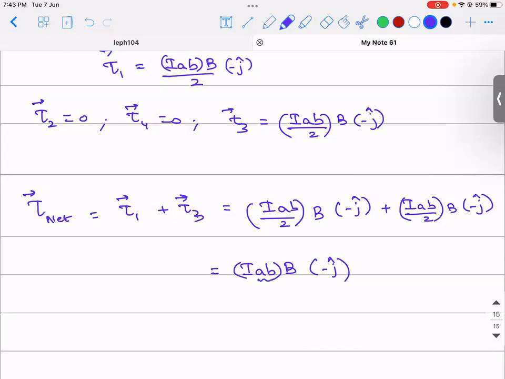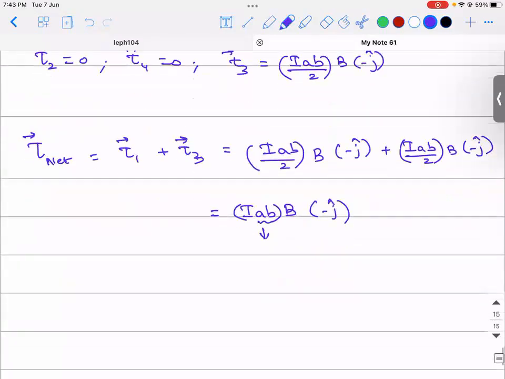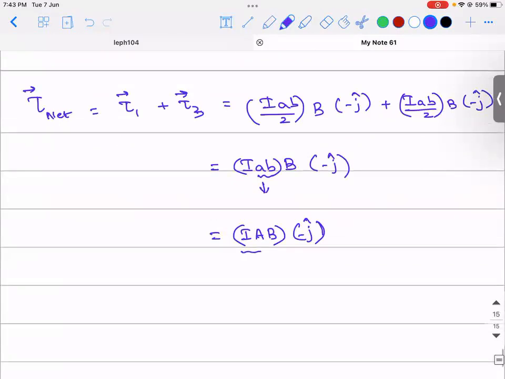Now what can I call this AB as? AB is going to be the area. So I'll have this as IAB in terms of minus J cap. Okay, where we can call this current multiplied with area as magnetic dipole moment.